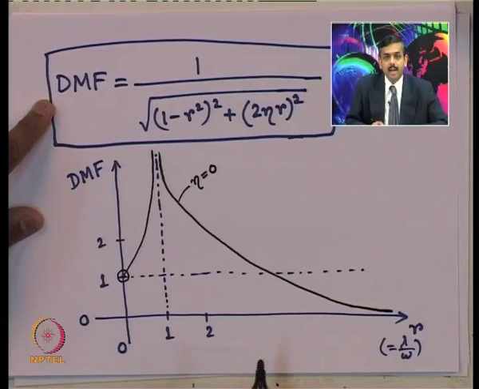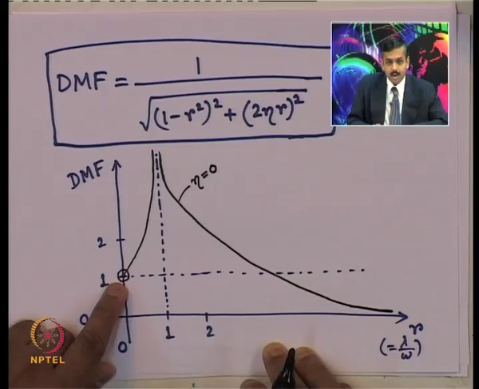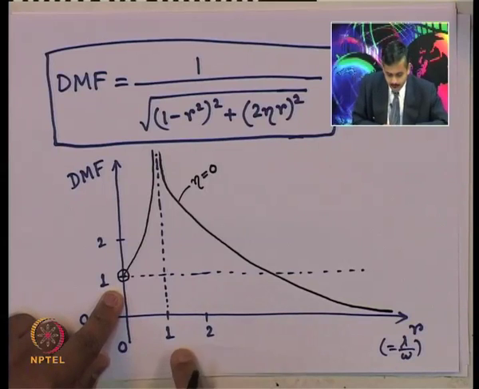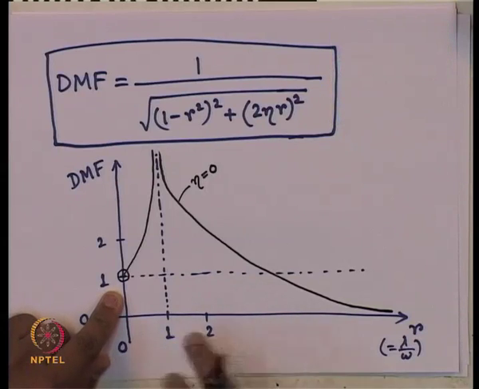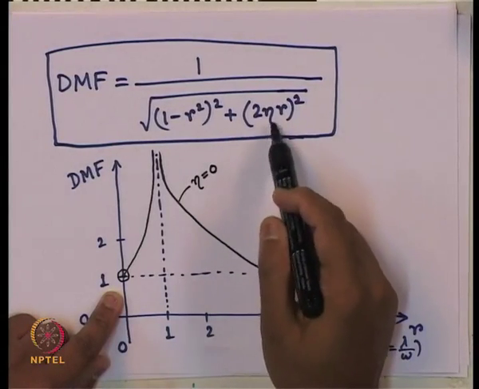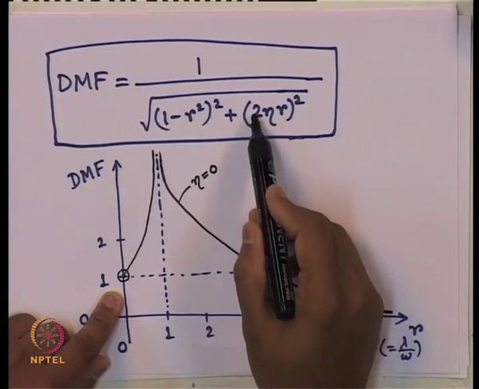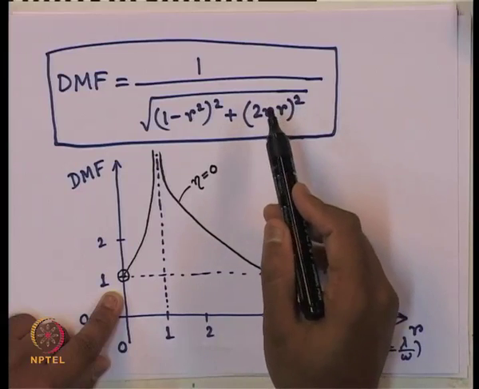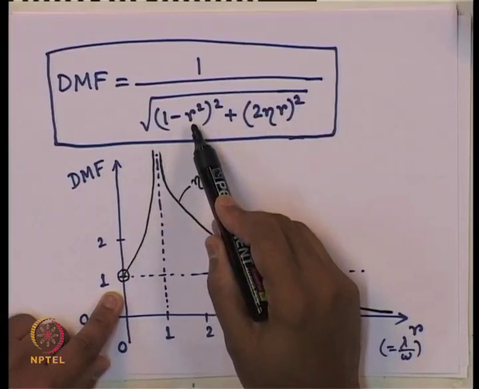Now, if we take a damped condition, that is eta is non-zero, still the curve will start from this point, 1, when r equals 0. When r equals 1, what happens? Eta is non-zero. So, we have some value here, say eta is 0.1. So, it is 0.2 times 1. So, 0.2 whole square, we have 0.04, and here it is 1 minus 1.